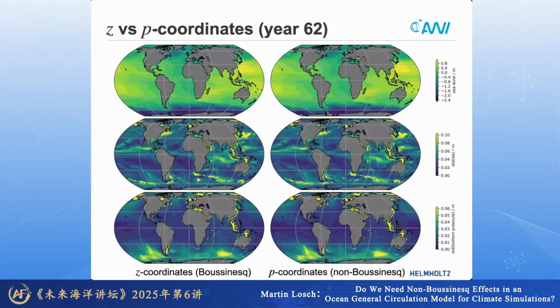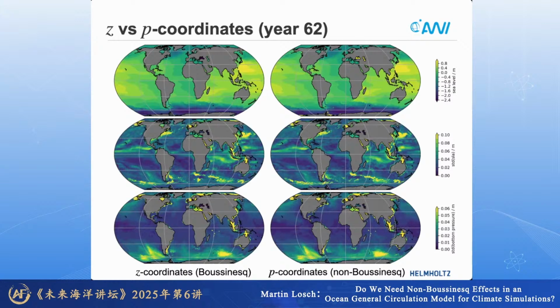And you can then again compare Z versus P coordinate simulations. The left-hand side is Z, so the Boussinesq model; on the right-hand side is the P coordinate model, which is the non-Boussinesq model. They look very similar. You have at the top the standard deviation of the sea level, so the variability of the sea level, and at the bottom, the variability of the bottom pressure.